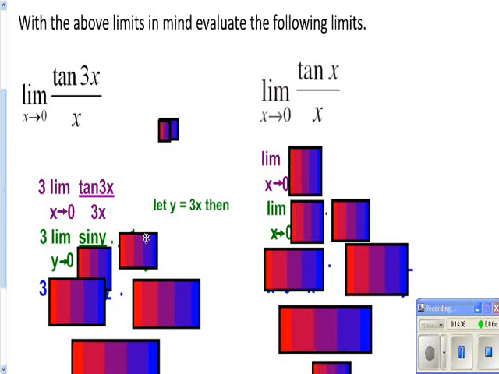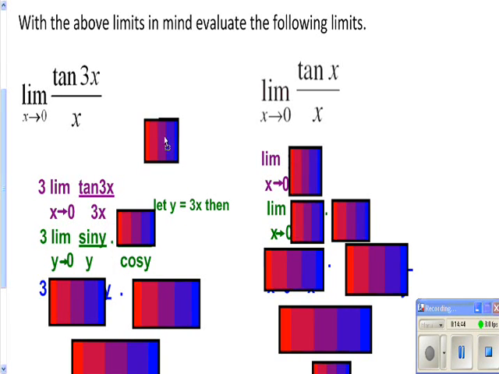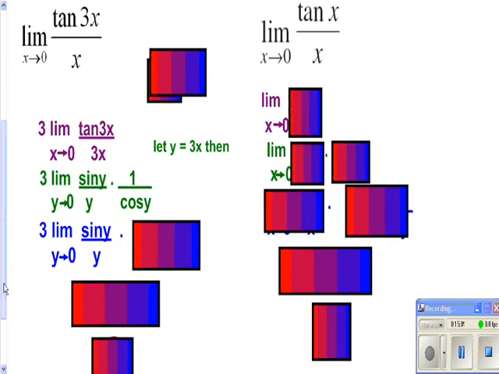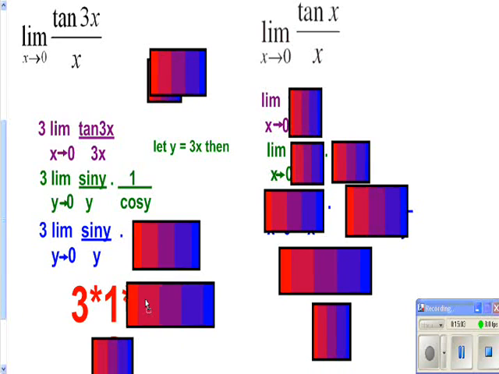So I'd have the sine of y over the cosine of y, replacing my 3x in the bottom with y. And then my top would just be 1 here because remember my cosine's on the bottom. Here, the first part's just my basic trig limit. So it'd be 3 times my basic trig limit, which ends up being just 3 times 1.